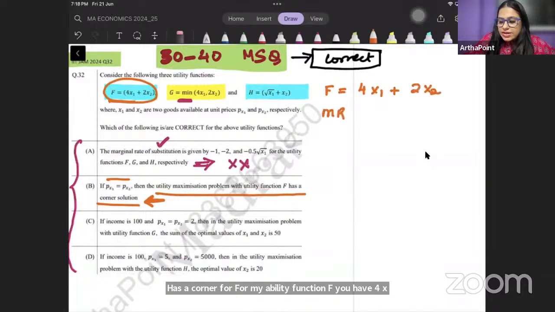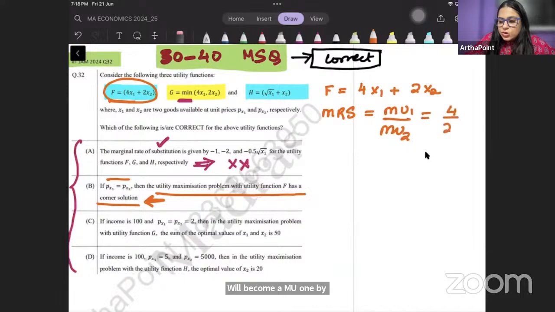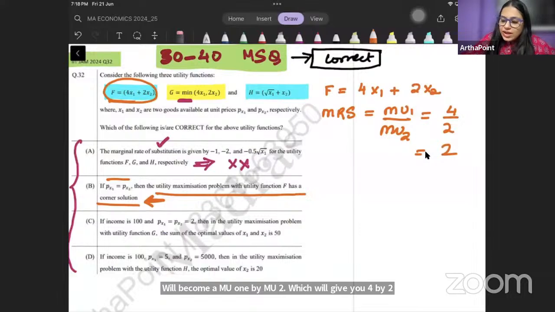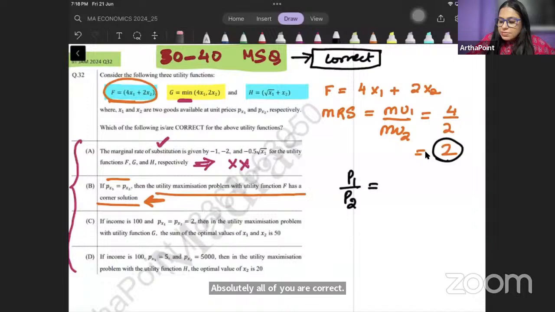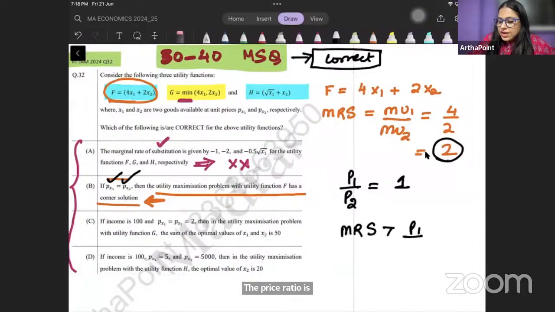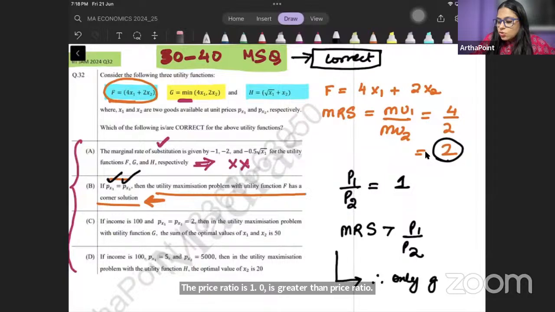So your MRS will become MU1 by MU2, which will give you 4/2, which will give you the answer as 2. Absolutely, all of you are correct. So MRS हो गया 2 and price ratio P1 by P2 is 1. देखो both prices are equal. तो price ratio is 1. तो MRS is greater than price ratio. Whenever MRS is greater than price ratio, you will consume only good one.